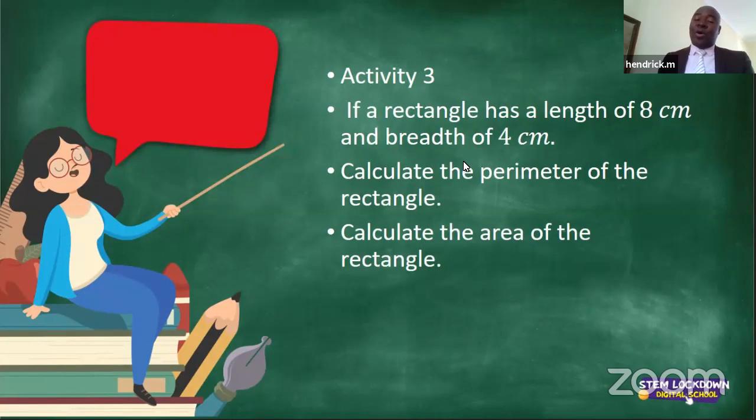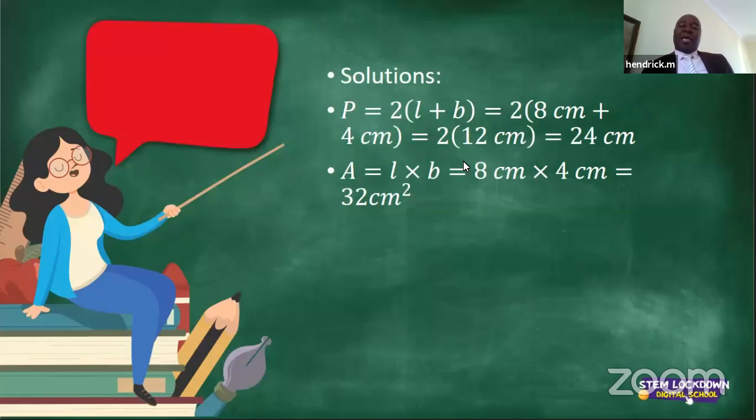We say that P is equal to 2 open bracket L plus B. The length is 8 centimeters and the breadth is 4 centimeters. 8 plus 4 gives you 12, and 12 multiplied by 2 gives you 24, meaning that the perimeter of this rectangle is 24 centimeters.